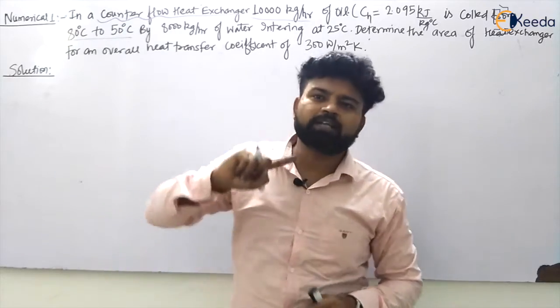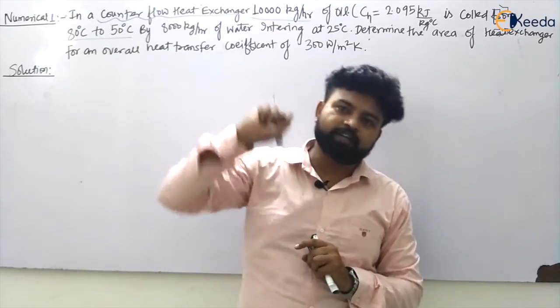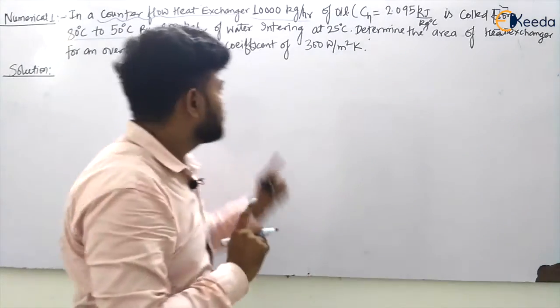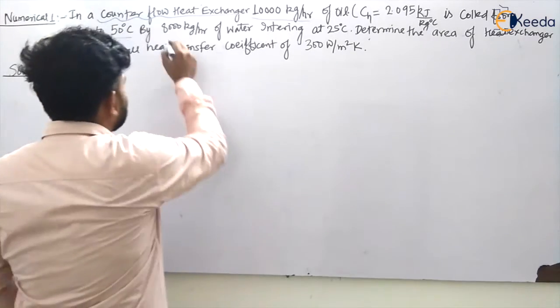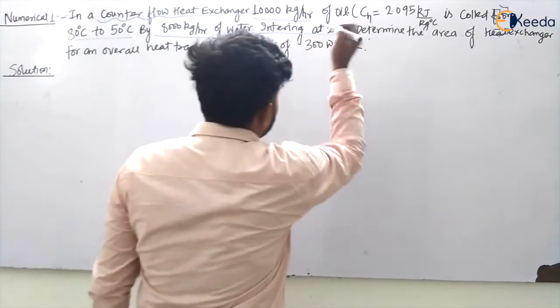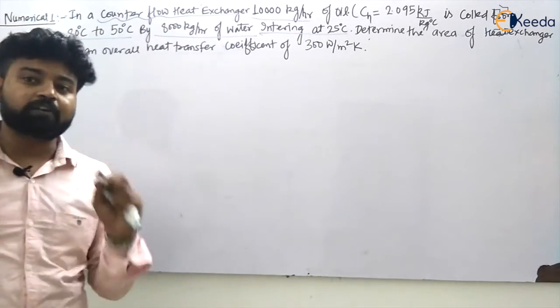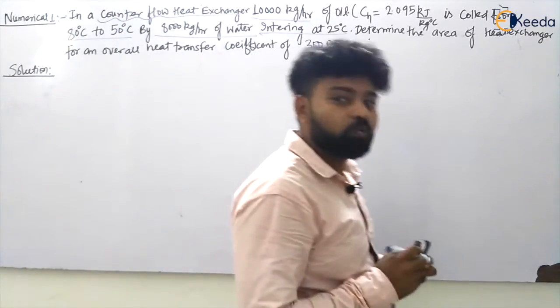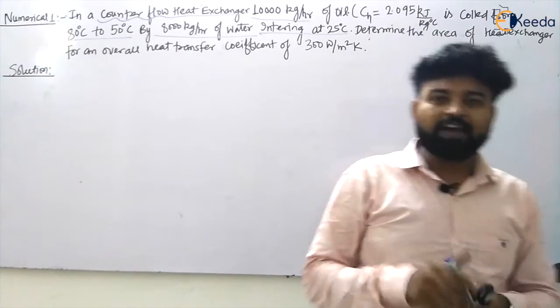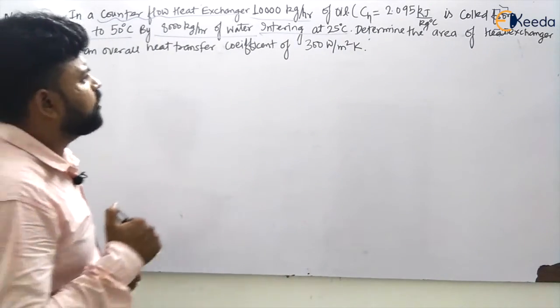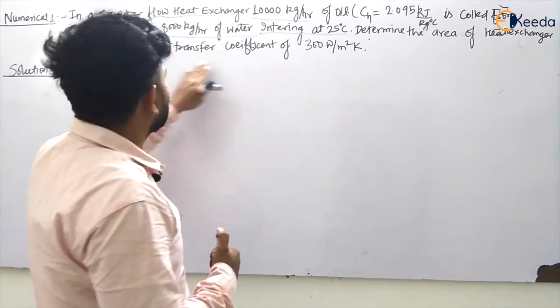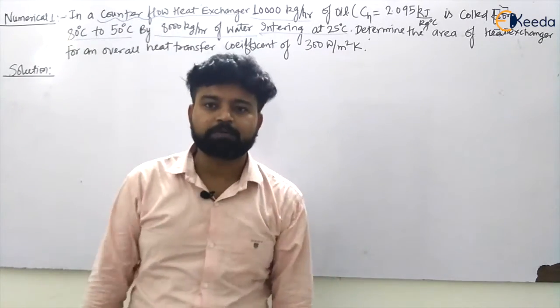So he is cooling the oil from 80 to 50 degrees Celsius, and the mass flow rate of this is given, my dear students. Then 8,000 kg per hour of water entering at 25 degrees Celsius. So we have a counter flow equation. Now he is asking to determine the area of the heat exchanger for an overall heat transfer coefficient of 300 watt per meter squared Kelvin.